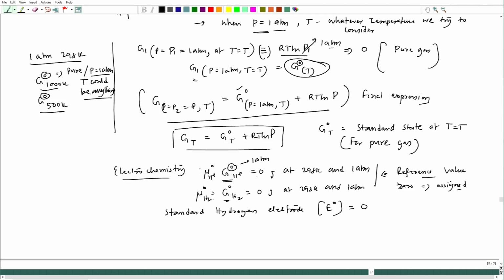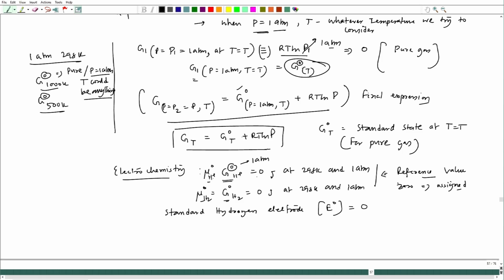And when it is pure, the molar free energy and the partial molar free energy, or chemical potential, are equal. We have seen this before, in the case of a pure substance. So I can write mu naught H plus or mu naught H2, they are the molar free energy of H plus or H2 at 1 atmosphere, and here we are specifying 298 Kelvin. At any other temperature this value is not 0, rather some other value.